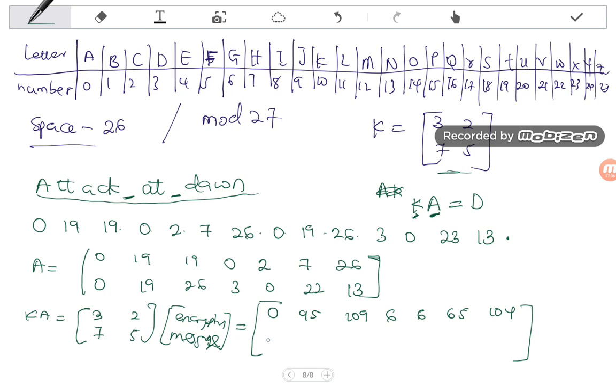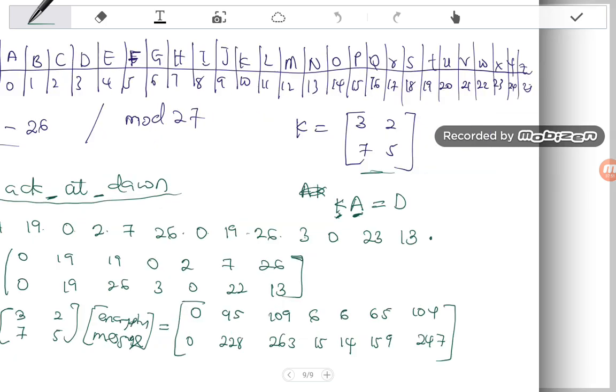Then the second row we have 0, 228, 263, 15, 14, 159, and 247. Now this, remember, is going to be in modulus 27, because we had 27 characters in all.